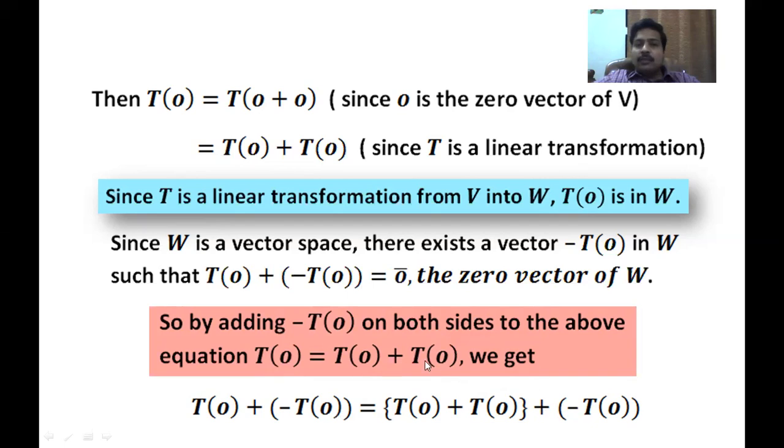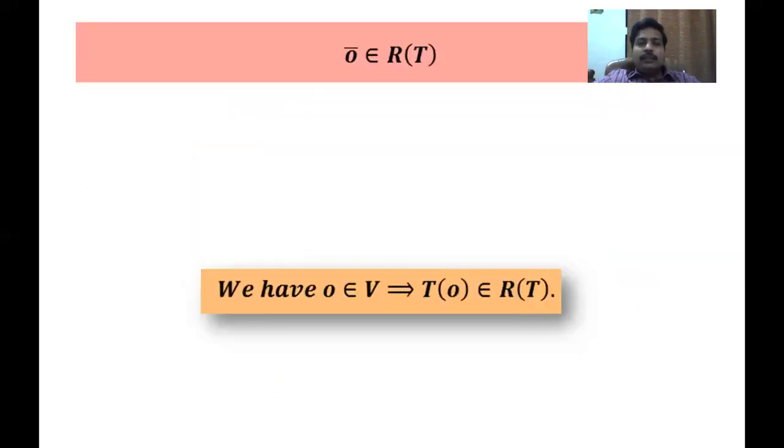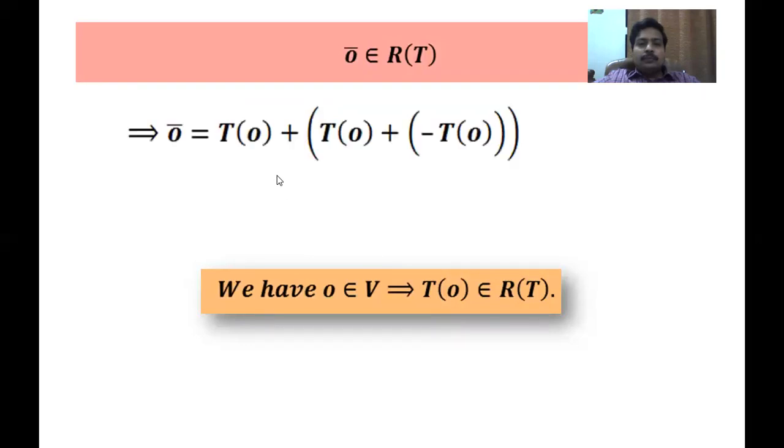We'll get this equation: T of O plus minus T of O is equal to, already here it is, T of O plus T of O, plus, now we are adding minus T of O on this side also. So since we are in W, a vector space in which the associative law holds, I can exchange the brackets.